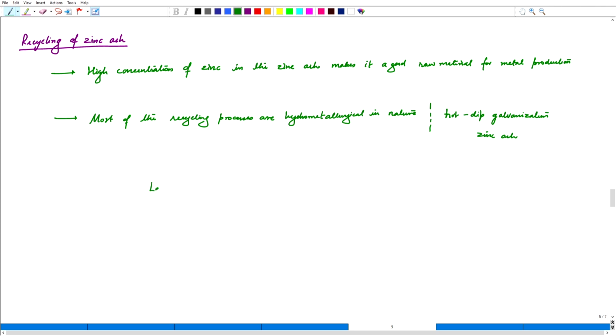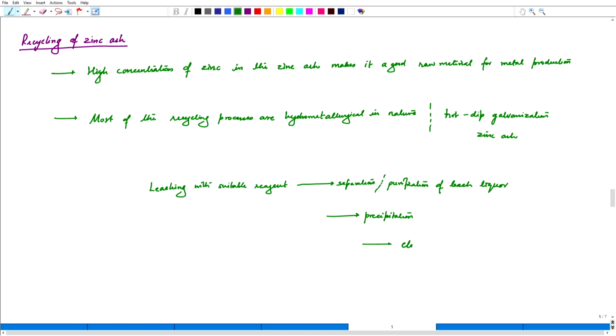So we have leaching, and then we will have separation and purification, and of course we can have precipitation, and or finally we can also have electrowinning.